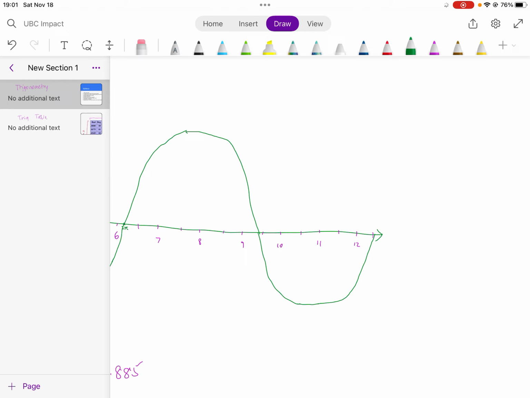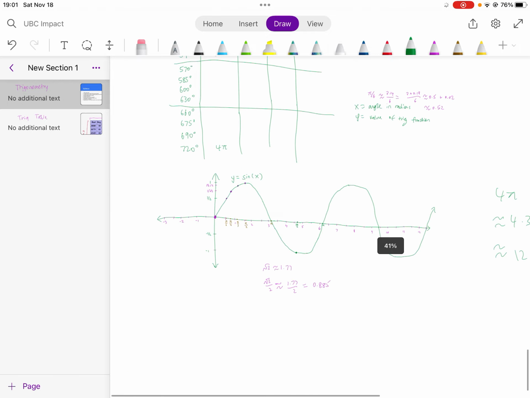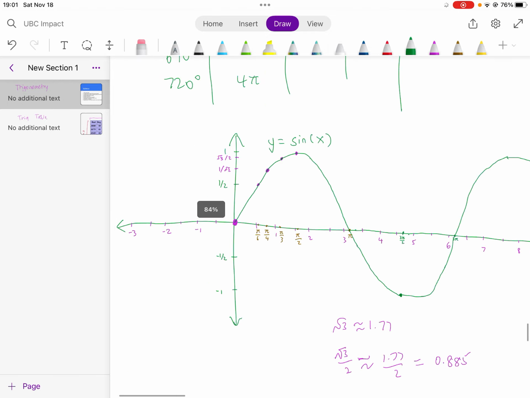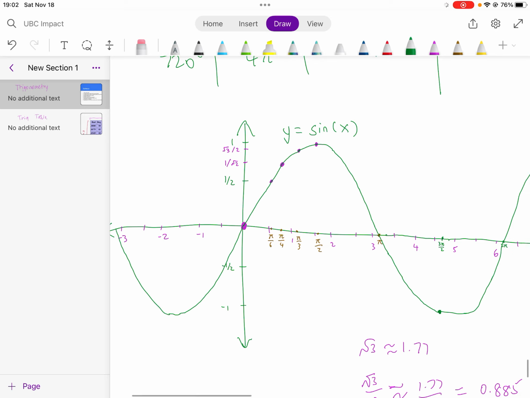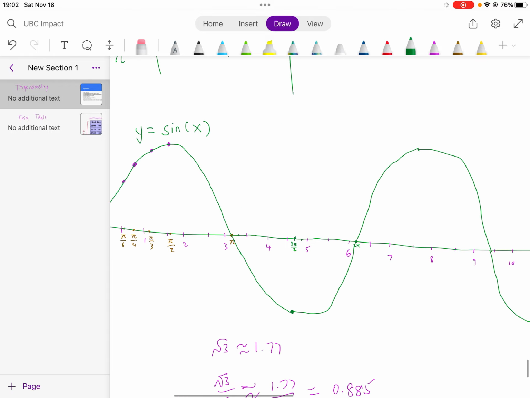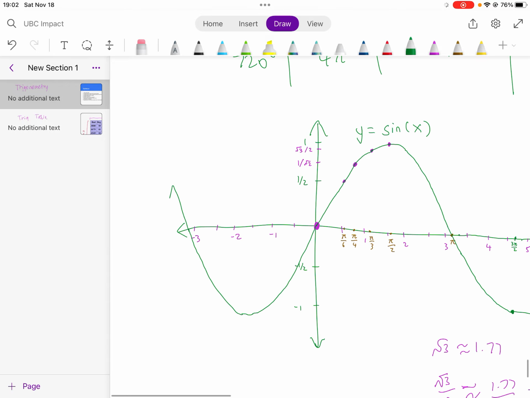And then it just keeps going on and on and on. And on the left side, it just repeats itself. And at pi, it goes back up here. And then it repeats itself.